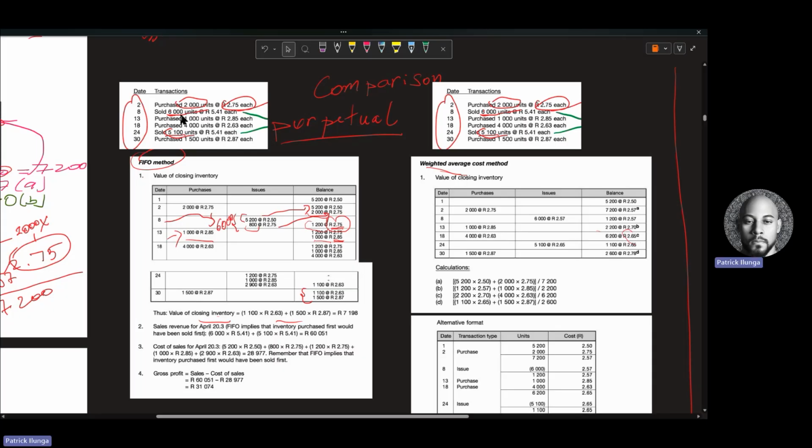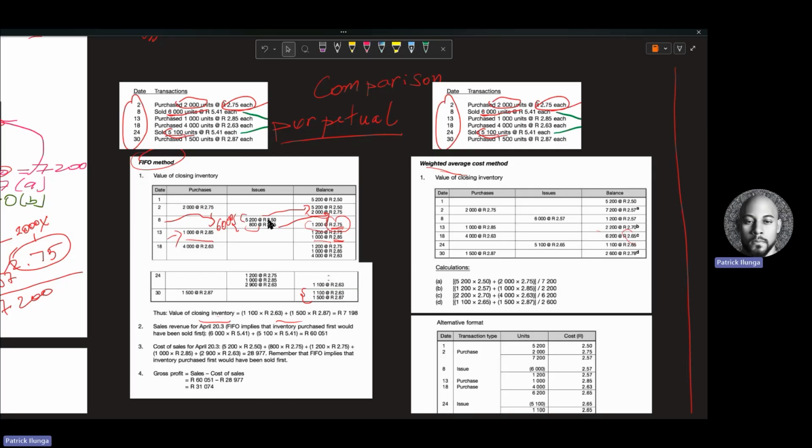So what we're going to do is the 5,200 units that came first, those are the ones we're going to sell first. And remember, at what cost are we selling them? We are selling them at the exact cost that we had agreed on, 2.5.